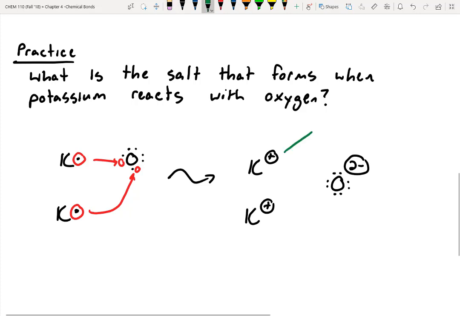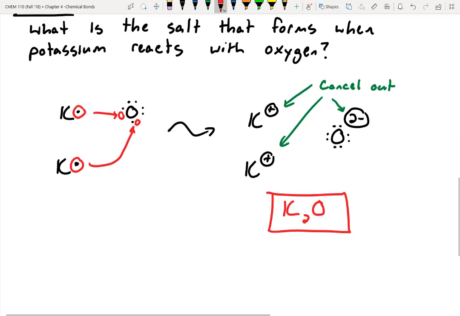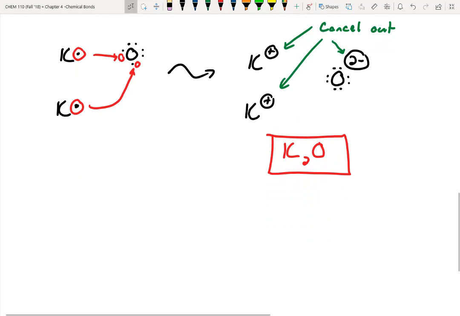Just like I said before, all of these charges cancel out. So 2- cancels out with the 2 positives. And so when we try to come up with the formula for this, we'd write K subscript 2 to indicate we've got 2 potassium atoms. And then oxygen. We don't have to do a subscript 1. It's implied, right? So this would be potassium oxide. Pretty easy to do.